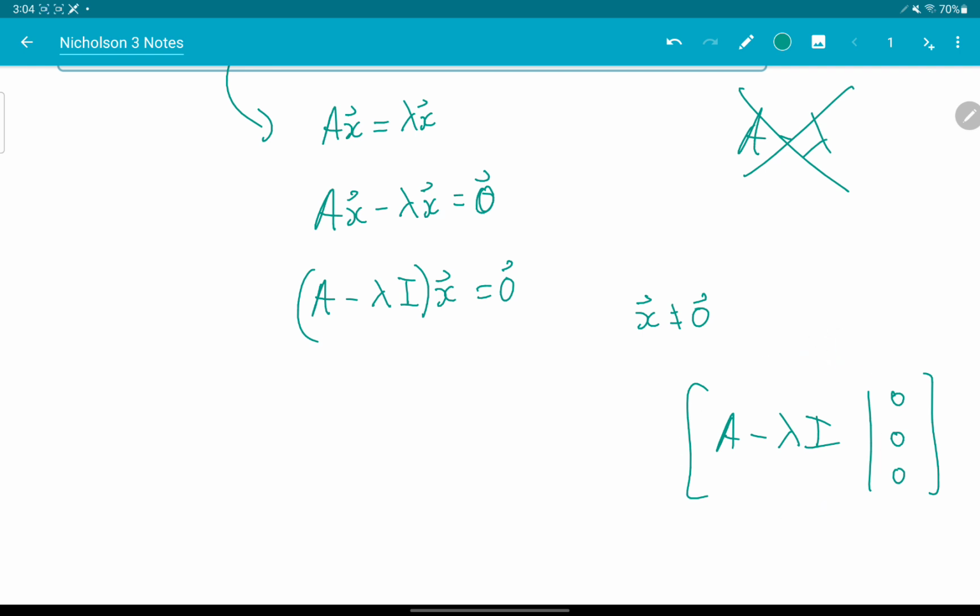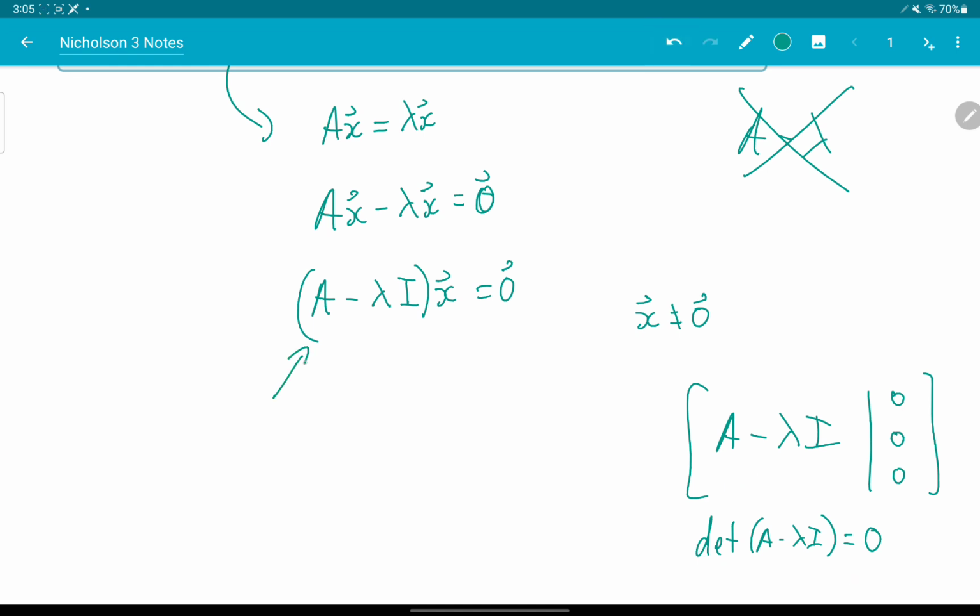So we'll pose it like this. Okay, so I need a free variable. Another way to put it is to say that the determinant of A minus lambda I has to equal 0. Okay, it's an equivalent condition. I only have fewer than 3 pivots here. Another way to say that is that the determinant is 0.